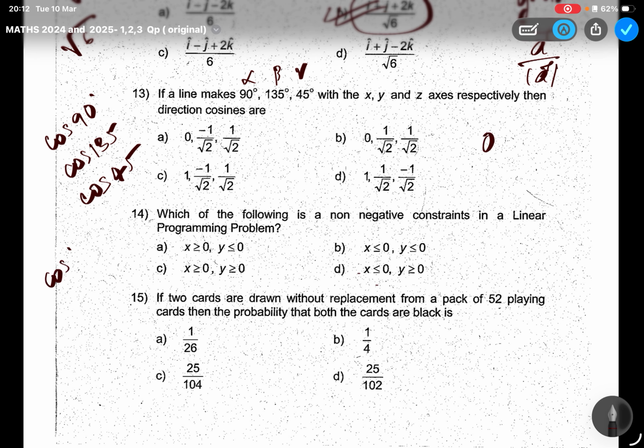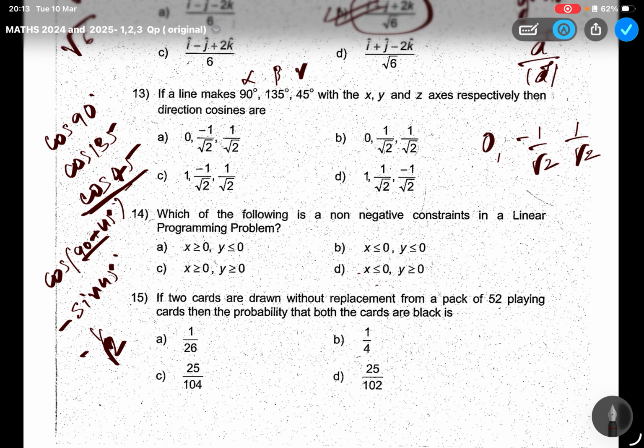How to solve cos 135? It is 90 plus 45, which is in the second quadrant. In the second quadrant it will be negative and the function changes, so sin 45 is 1 by root 2. The second value is minus 1 by root 2. And you know cos 45 is 1 by root 2. Which option is it? The option is C. Sorry, not C, it is A. I hope the answer is A.